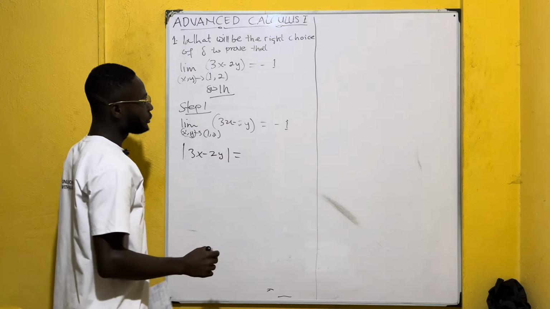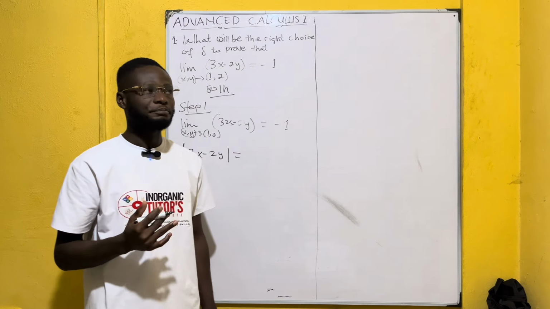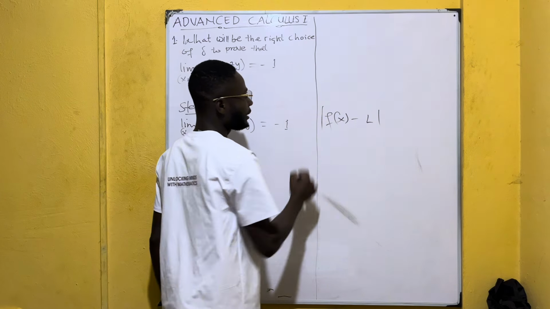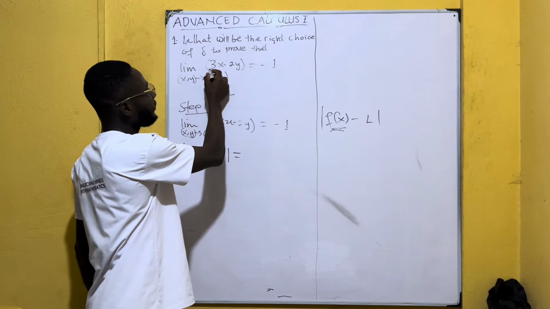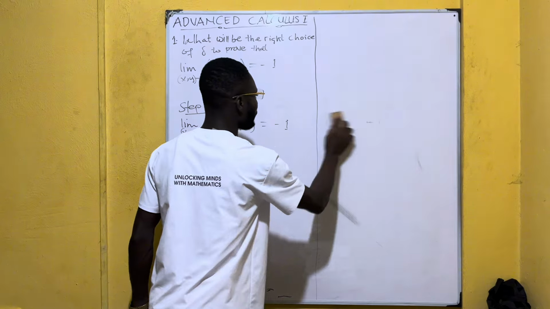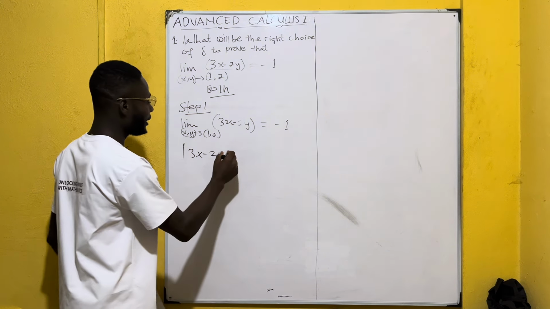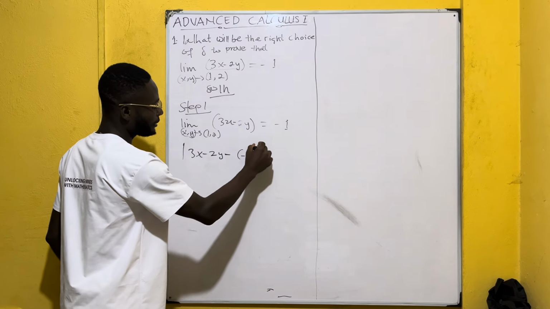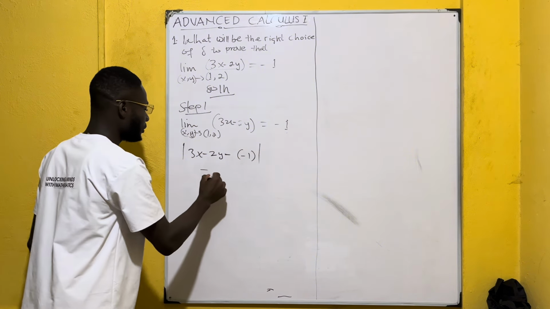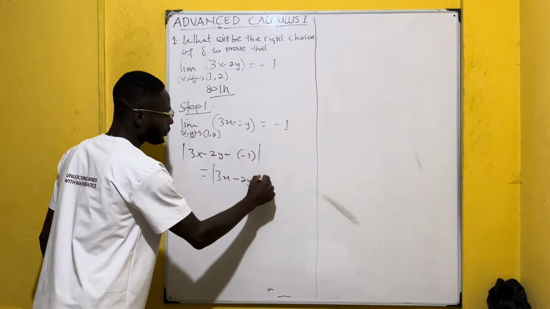From the beginning, I always say that it is f of x minus the limit, where f of x means the function given. So we go back to that same process: the function minus the limit, which is 3x minus 2y minus (-1), and this is equal to 3x minus 2y plus 1.